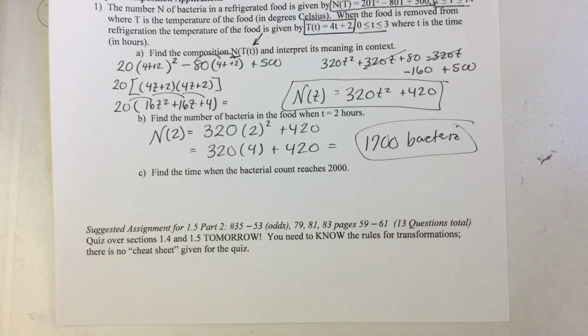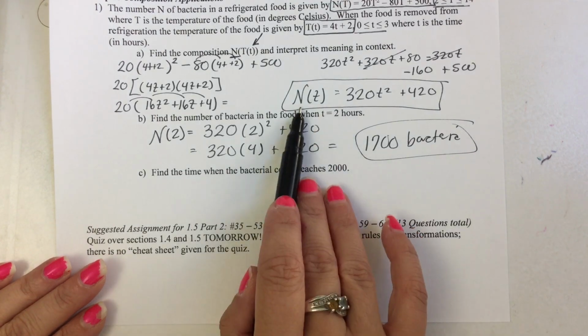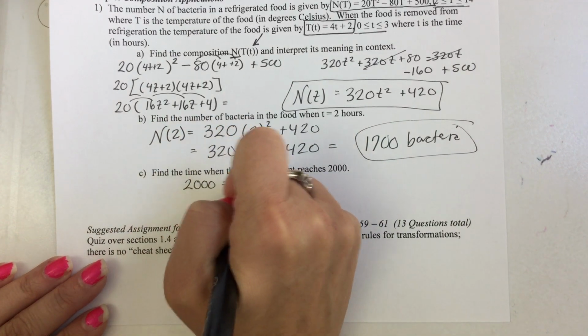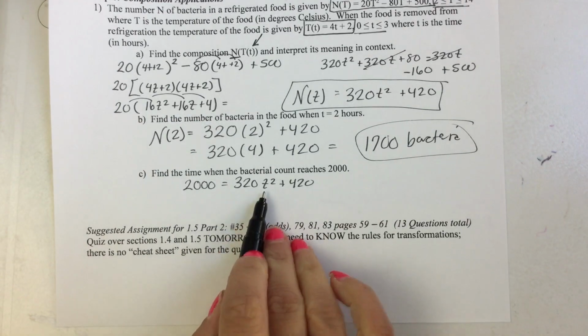Let's say that there's a rule, maybe at a hospital or a daycare center, where when the bacteria count reaches 2,000, they must throw the food away. They would need to know how long they can leave it out before they need to chuck it. So you want to set this equation, the number of bacteria, equal to 2,000. I just have to solve for t.